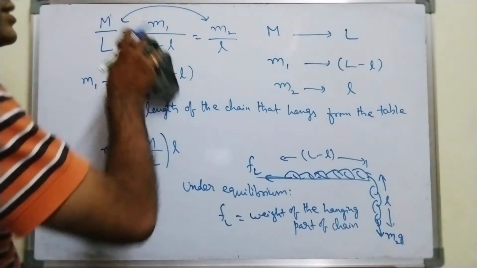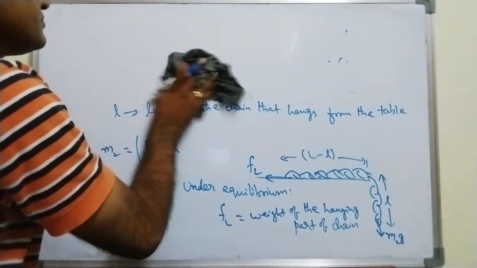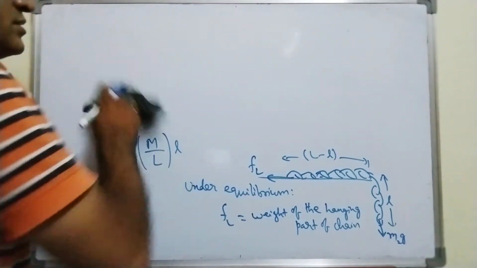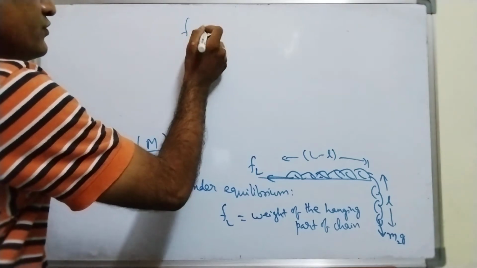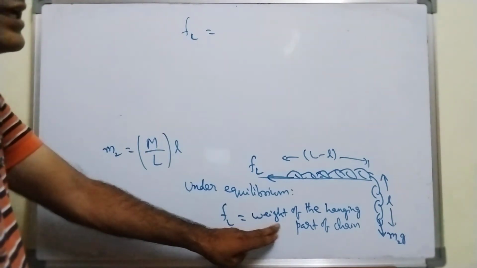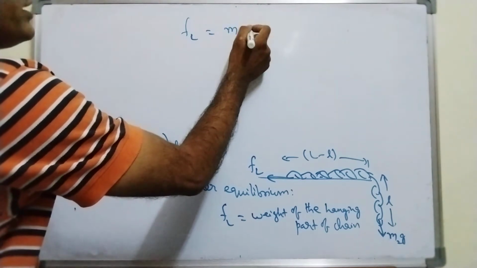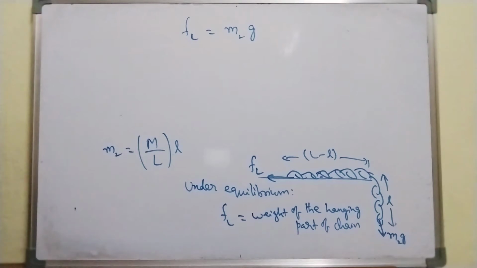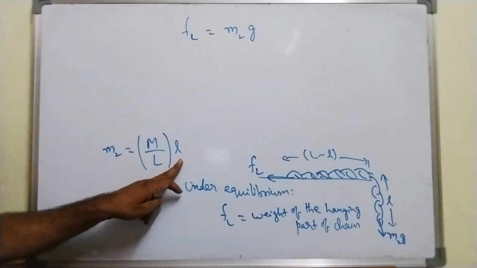So let me erase these parts. Now tell me, FL, the limiting frictional force, is equal to the weight of the hanging part of the chain, which is M2g. FL is equal to M2 into g. But M2 is equal to M by L into small l.